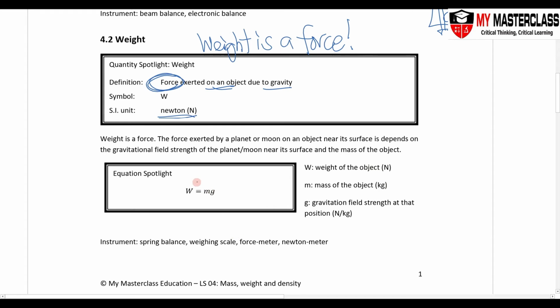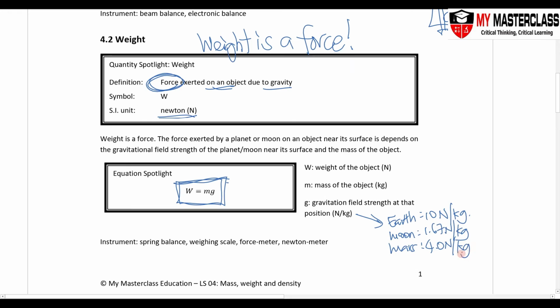So weight and mass are related with this formula. W is weight, M is mass, G is gravitational field strength. Every planet has a number. So Earth's number is 10 newton per kg. For the moon it is about 1.67. For Mars we have around 4.